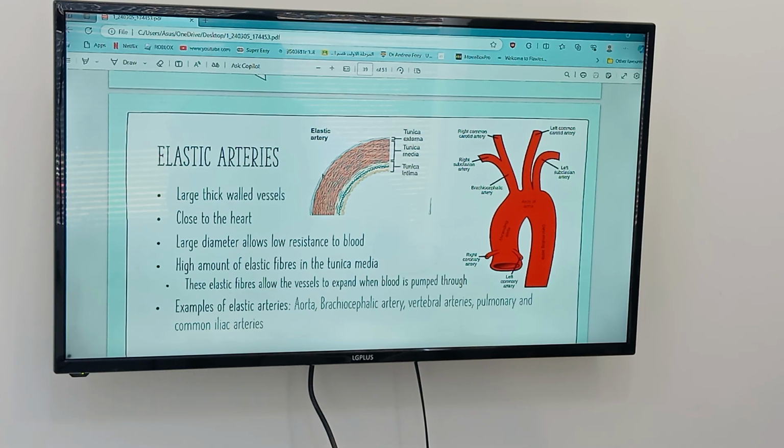Large thick-walled vessels give the features of the function to the vessels.